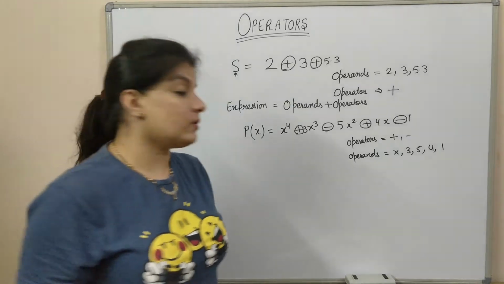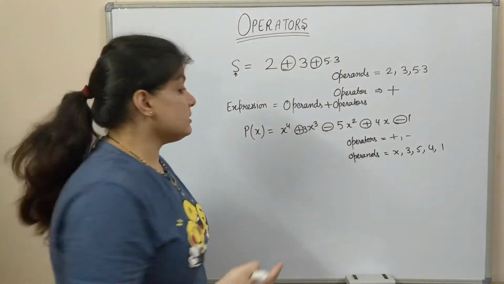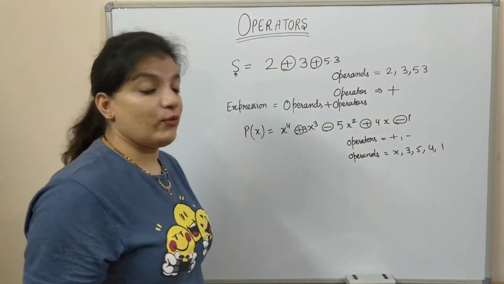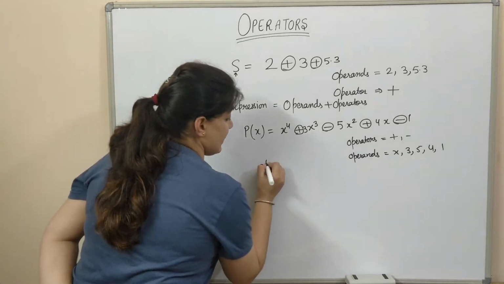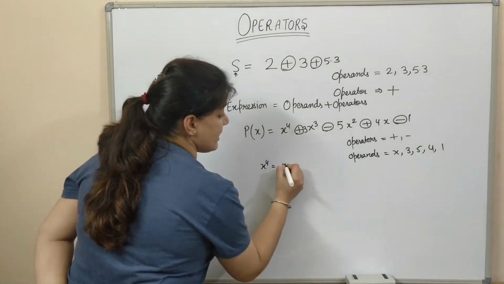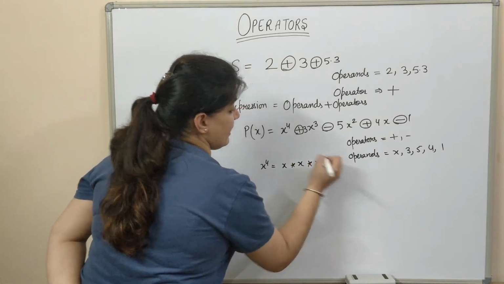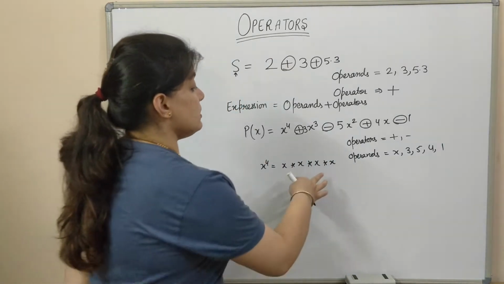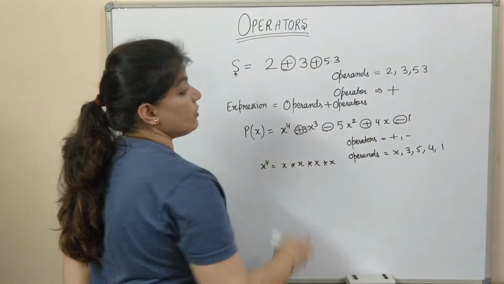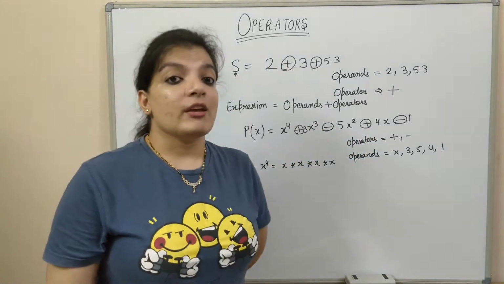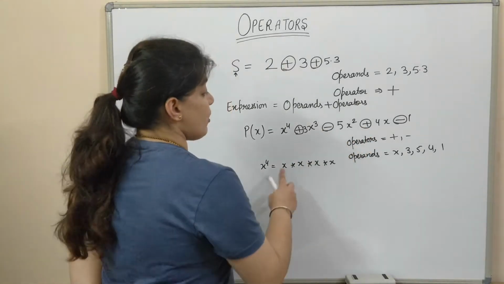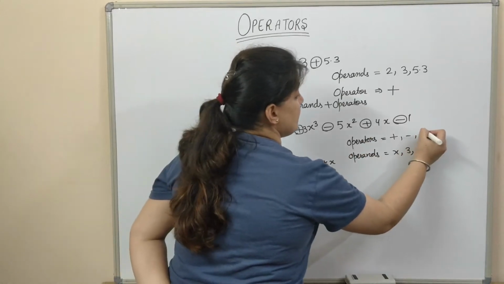Now think about this. How do we write x power 4? x power 4 can be written as x multiply x multiply x multiply x. So according to this, in this polynomial function we are using one more operator, that is multiply.